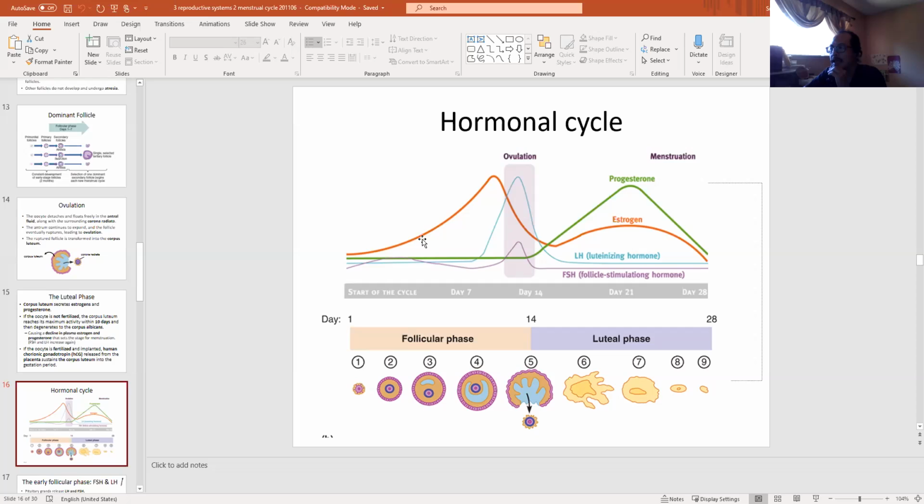And this estrogen will be mainly delivered from the dominant follicle. When this follicle develops to the largest, its release of estrogen will also reach the maximum.